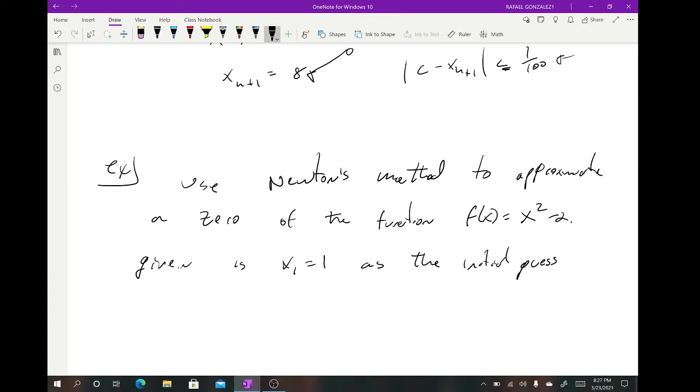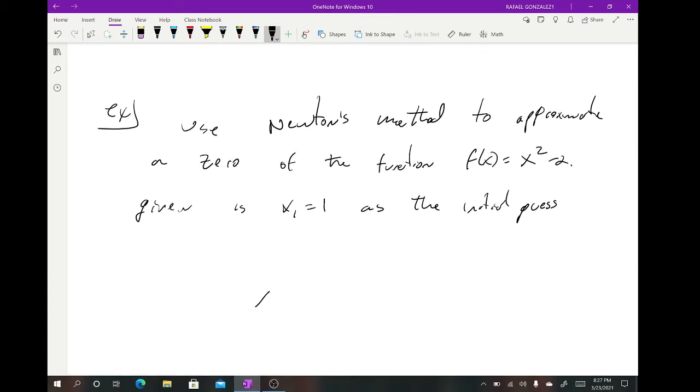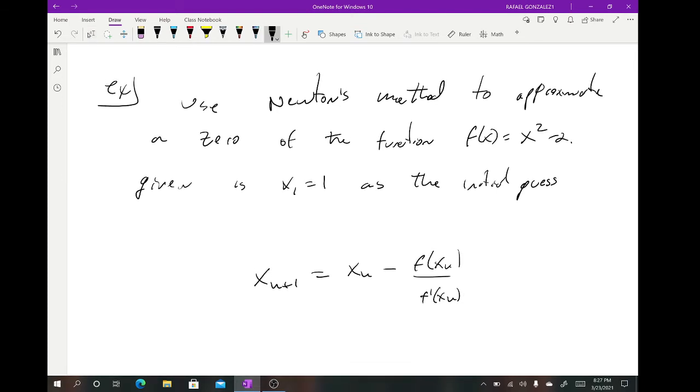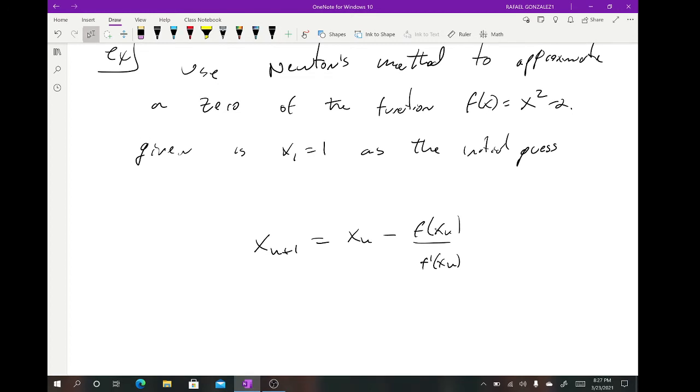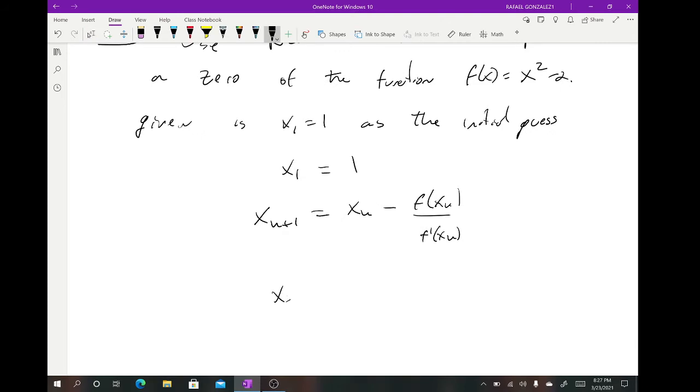Now the formula again, for Newton's method, is x_{n+1} equals x_n minus f of x_n divided by the derivative of f at x_n. What we have here, we know that x1 is equal to 1. That's our initial step. That means that x2, remember, x2 is the same thing as x1 plus 1, that's how we get to x2.